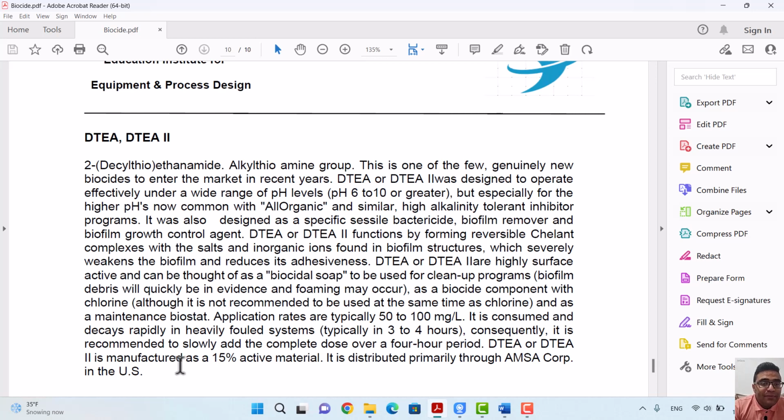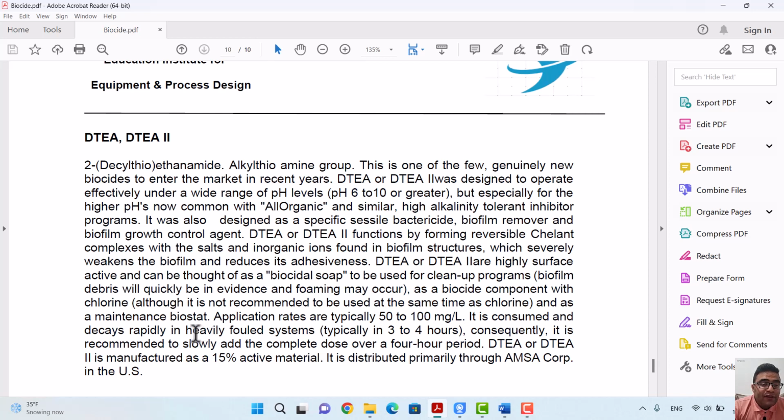So let's wrap it up and calculate its consumption. It is distributed and manufactured with 15% active materials. The typical rate is between 50 to 100 ppm.